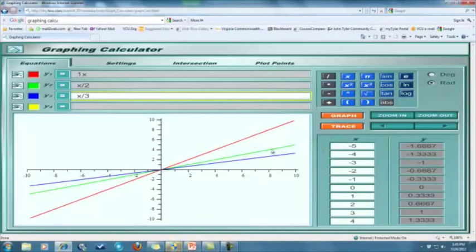The green has a slope of 1/2, and the blue has a slope of 1/3. Notice the slant of the line is decreasing. Even though all the slopes are positive, all the lines are uphill lines, we still see that as the slope of the line decreases, the slant of the line also decreases.